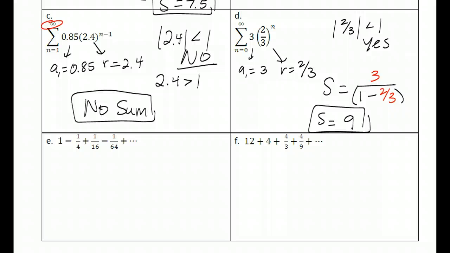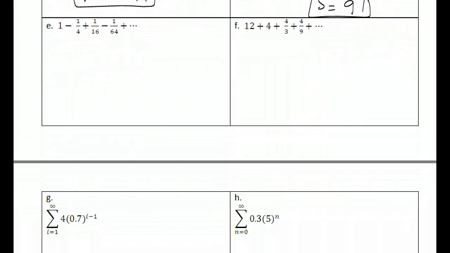Alright, there it is. S is 9. You are going to get the same type of problem, only represented in a different way sometimes. So let's look at E and F. Notice this time I know it's infinite because it has a dot dot dot, and the other reason I'm going to think infinite is they did not specifically tell us to add together a certain number of terms.